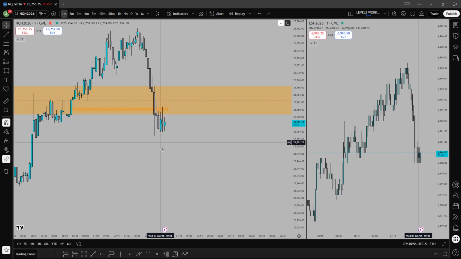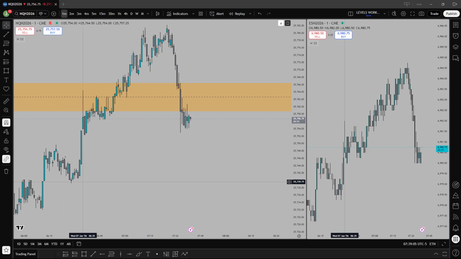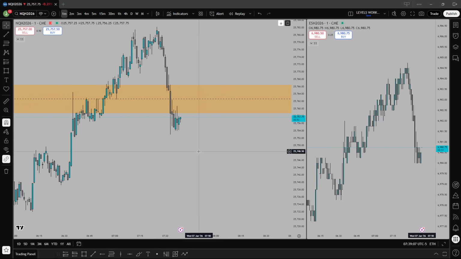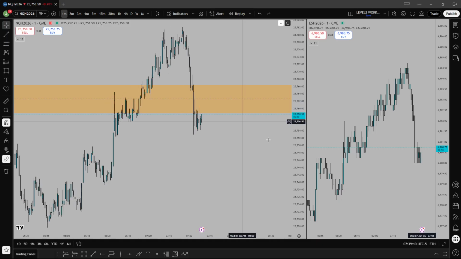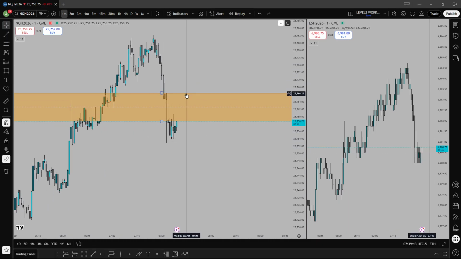I like the response. I am looking at all these levels, I'm just not annotating them because then it would be so much stuff on the chart. I would love to keep it clean.